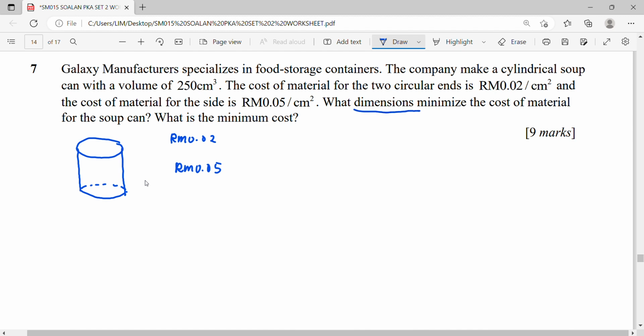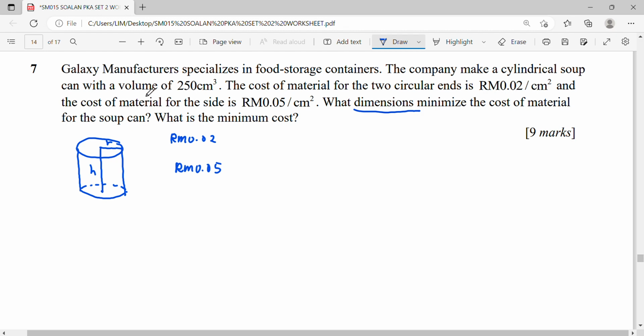So the variables you're going to adjust will be the radius of your cylinder and the height of your cylinder, so that you get the design where the surface material is the most minimum. So what is the constant here?